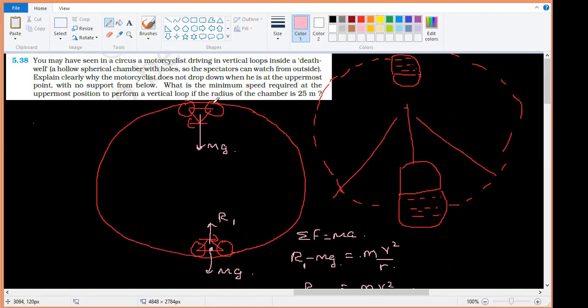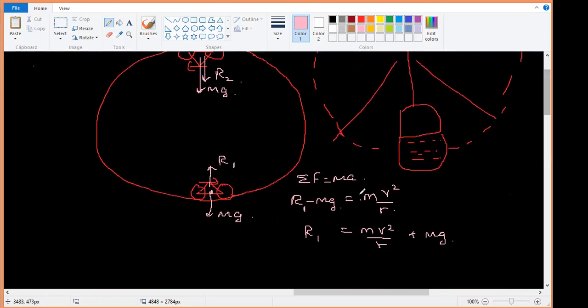Since the reaction force is from the surface of the death well, that is also acting downwards. So this is a very interesting situation. What I forgot to say is, towards the center is taken positive, away from the center is taken negative in circular motion.